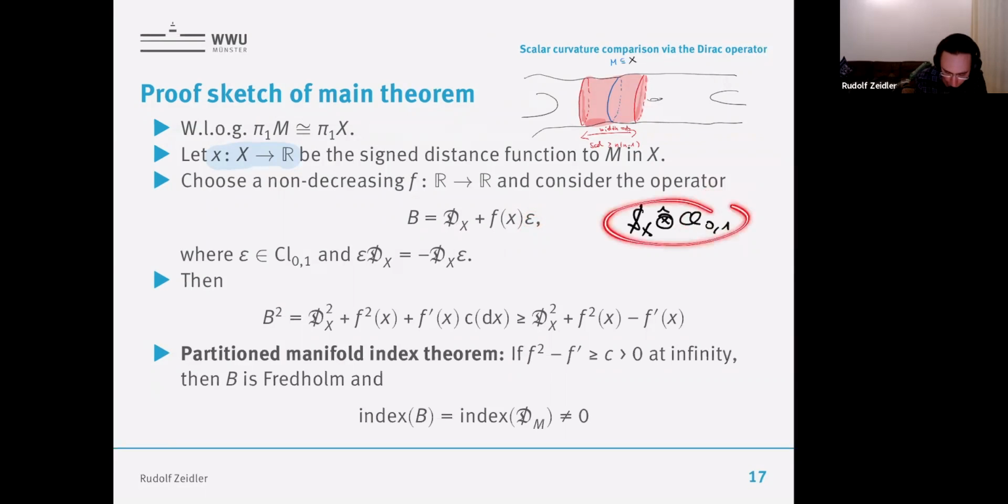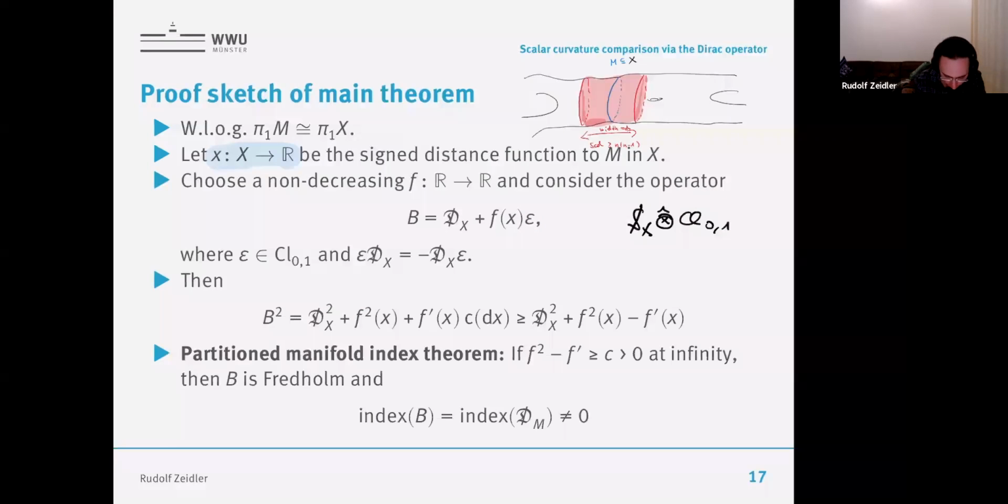And over this bundle, I consider the operator. And if I do this, I can now show that, it's known that in good cases, this operator B will be Fredholm, because you can compute the square of it. What you get is the square of the Dirac operator, the square of the potential, and then some mixed terms.